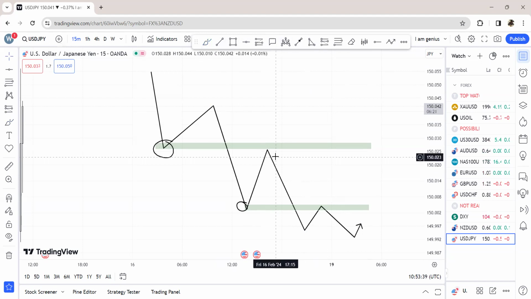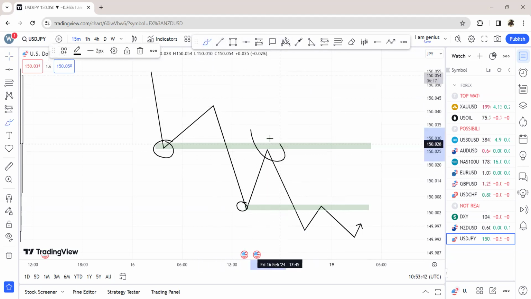We're anticipating that the market is going to continue going downwards. Hence, from here, we're going to do what? Enter the trade. Now remember, I said you don't just enter a trade blindly, you need other confluences.